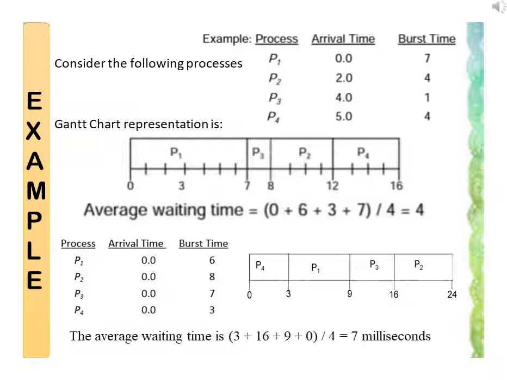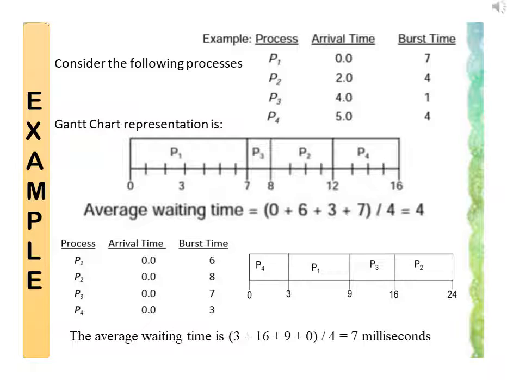Some examples of SJF. Four processes are given: P1, P2, P3, P4. Arrival times are also given: 0.0, 2.0, 4.0, 5.0, and burst times 7, 4, 1, 4.